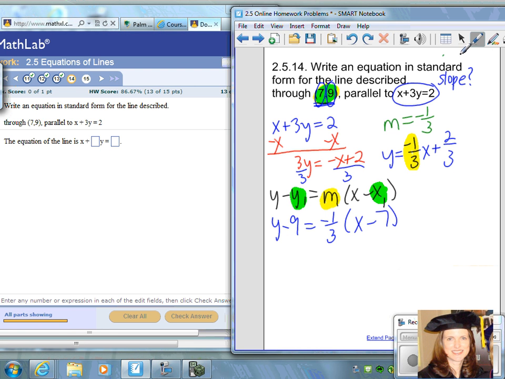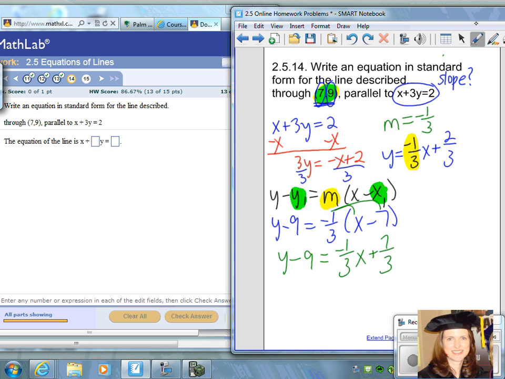We're going to distribute and solve this equation for y. Distribute the negative 1/3, and we get y minus 9 equals negative 1/3 x plus, a negative 1/3 times a negative 7 is a positive 7/3.